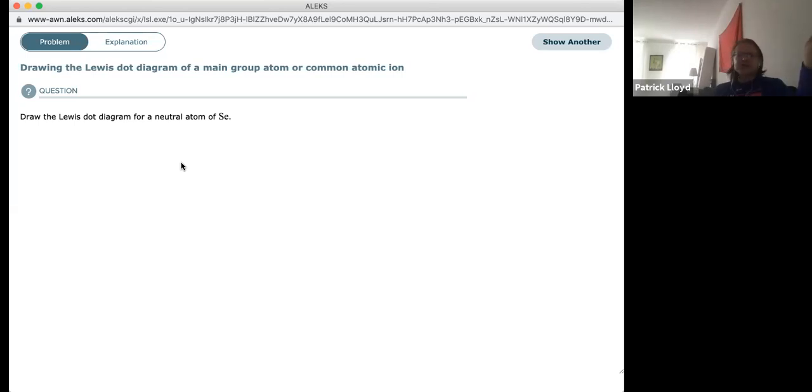They call it Lewis dot diagram. It's really a Lewis dot symbol of a main group element or common atomic ion, right? So we did ion. So notice it's main group. Main group are the alkali metals and the alkaline earth metals, group 1A, 2A, and then the non-metals and metalloids, so like group 3A through 8A. Those are called the main group. The transition metals are not part of the main group, okay? Selenium. Okay, we did selenium, so let's look at another one.